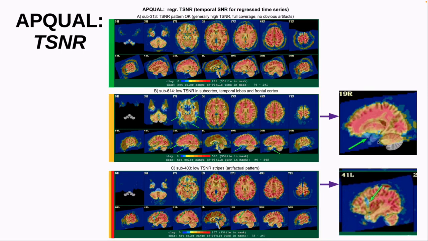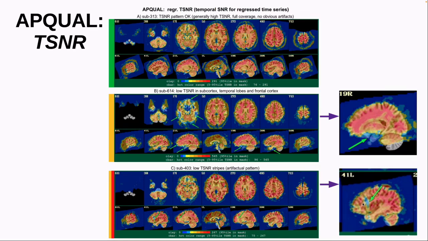Very often lots of researchers are interested in these parts of the brain, like the thalamus and the nucleus accumbens, and you will probably be disappointed by your results, because the SNR is so low in this part. So if you are interested in that part of the brain, you want to make sure that the SNR is high there.